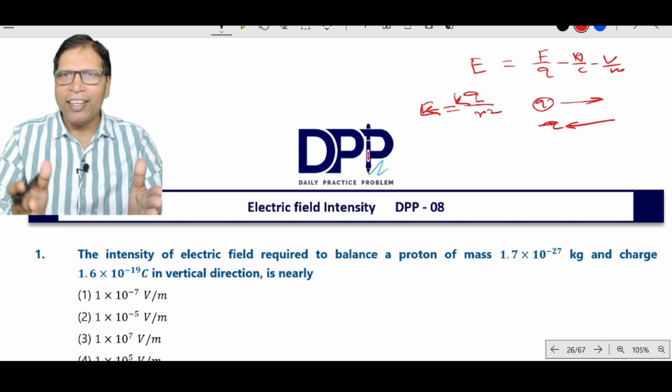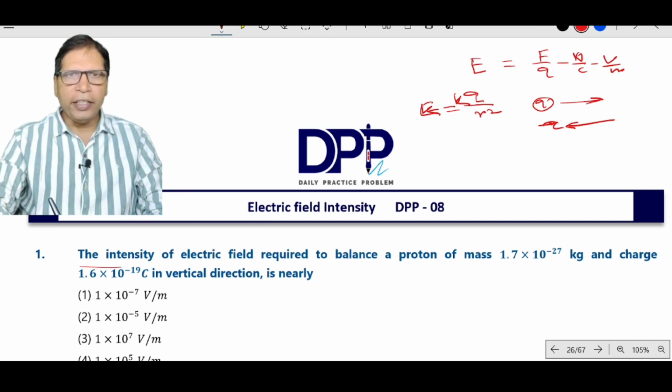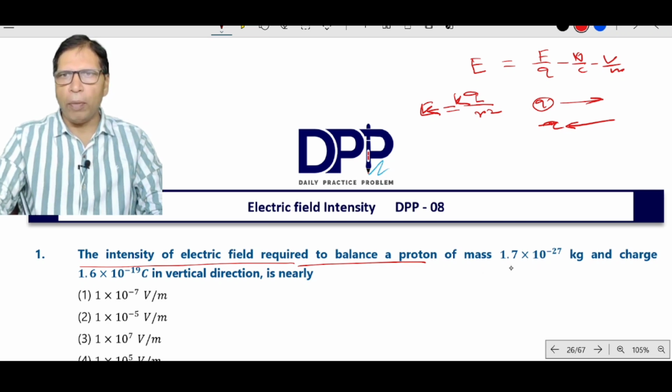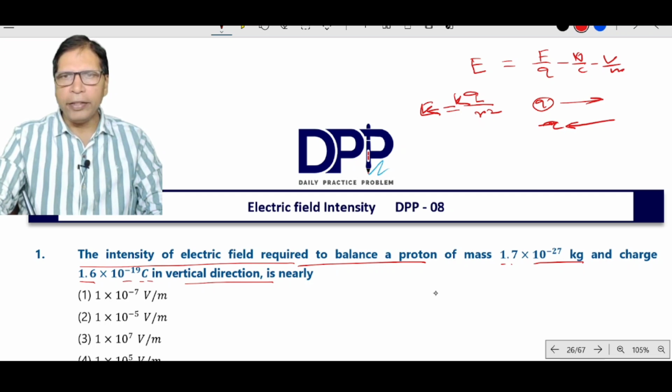Okay, now look at this numerical. Intensity of electric field required to balance a proton of mass 1.7 into 10 to the power minus 27 kg and charge 1.6 into 10 to the power minus 19 coulomb in a vertical direction. The proton has positive charge.